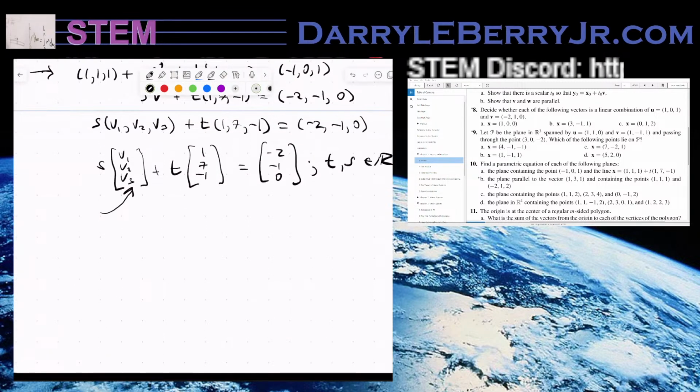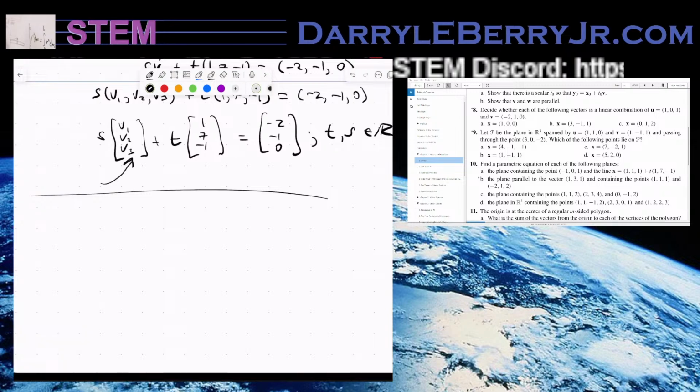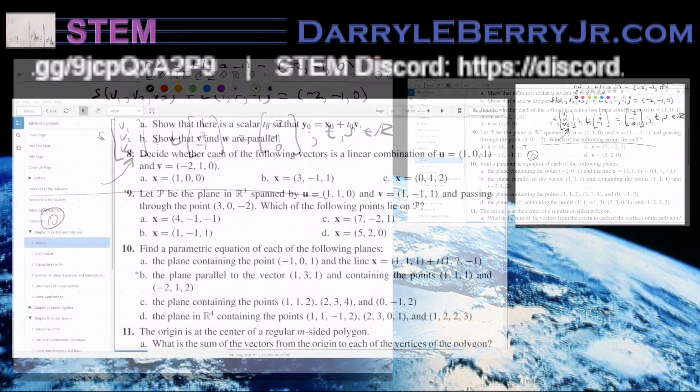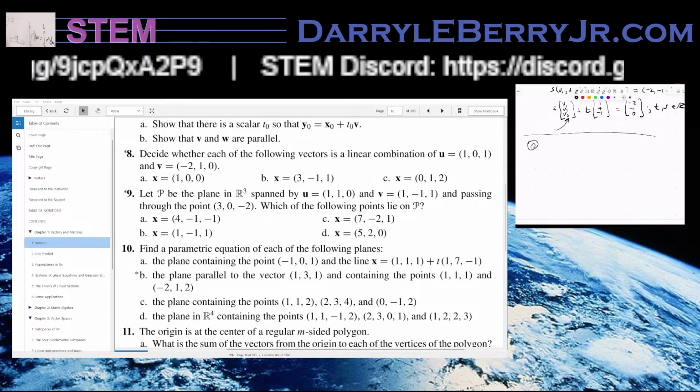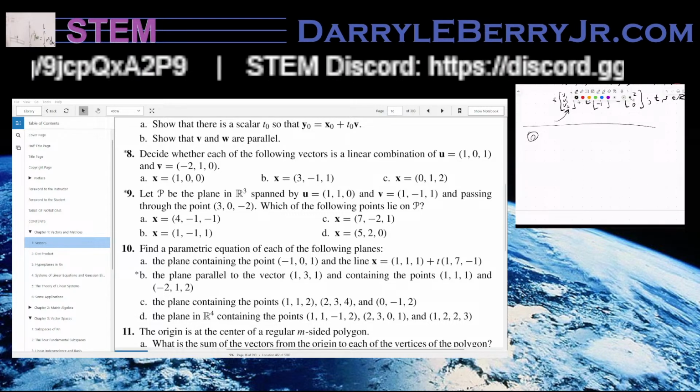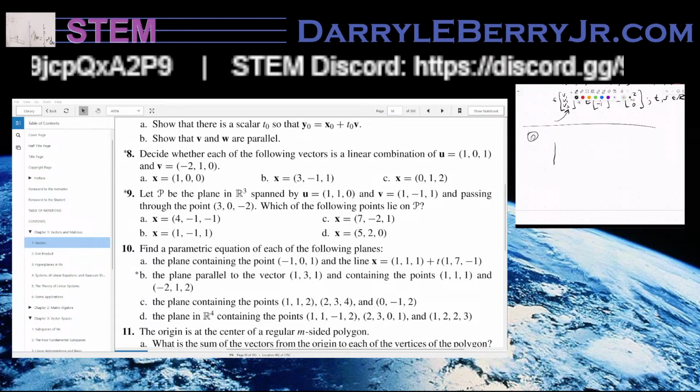Now B has an answer in the back of the book, so I'll be able to check this one and see if it's correct. So we have B is the plane parallel to that vector, right? So I'm going to draw this.